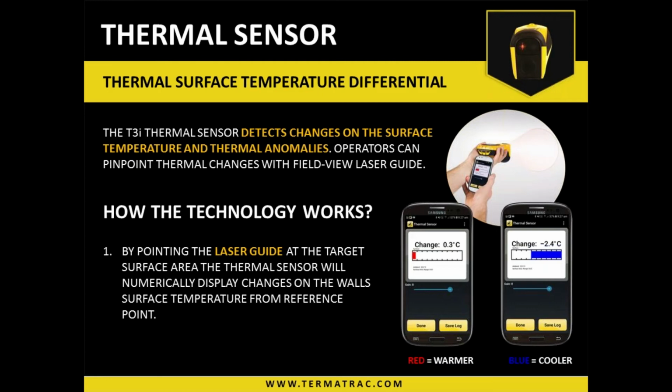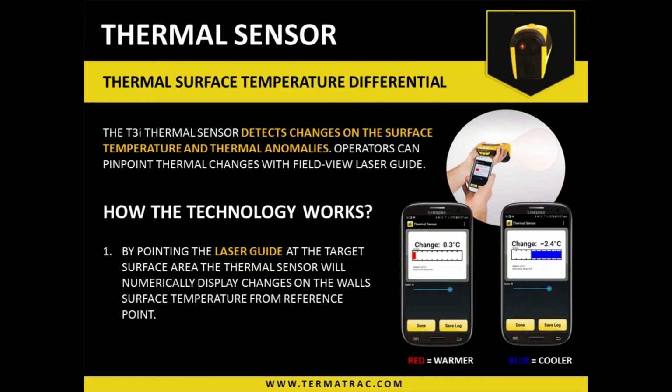However, it displays the results differently to us on the Termitrac. So with the Termitrac unit, we do not have a thermogram on a screen. You'll note the screen on Android now is not a thermogram. It's very similar to what we're looking at on the relative moisture sensor. So essentially, it is a relative thermal sensor as well.